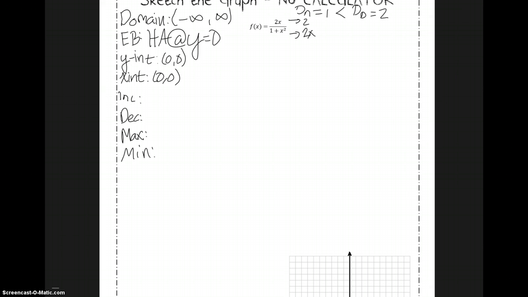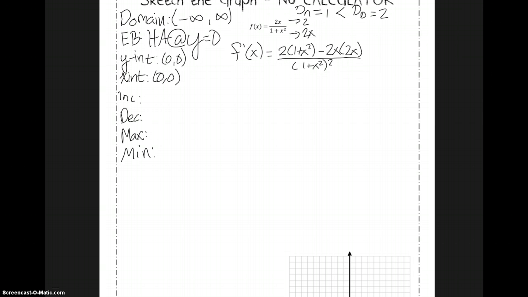The derivative of the denominator is a 2x. If I plug this into my quotient rule, I get f prime of x equals low d high, which is 2 times 1 plus x squared, minus high d low, 2x times 2x, all over low squared, 1 plus x squared squared.